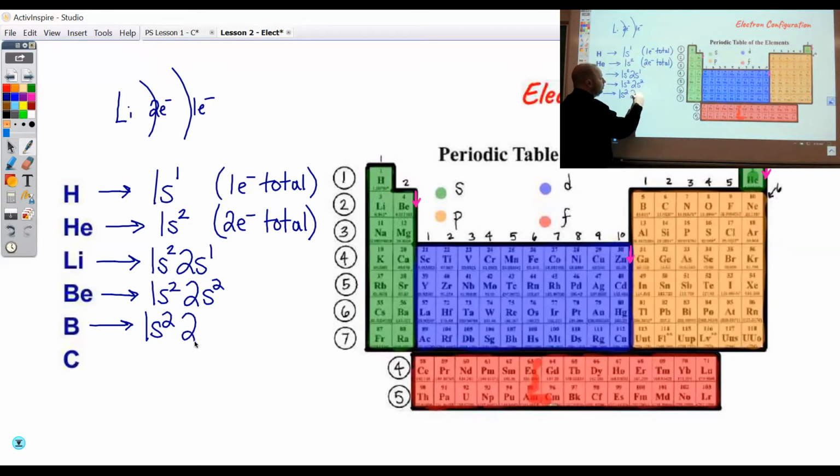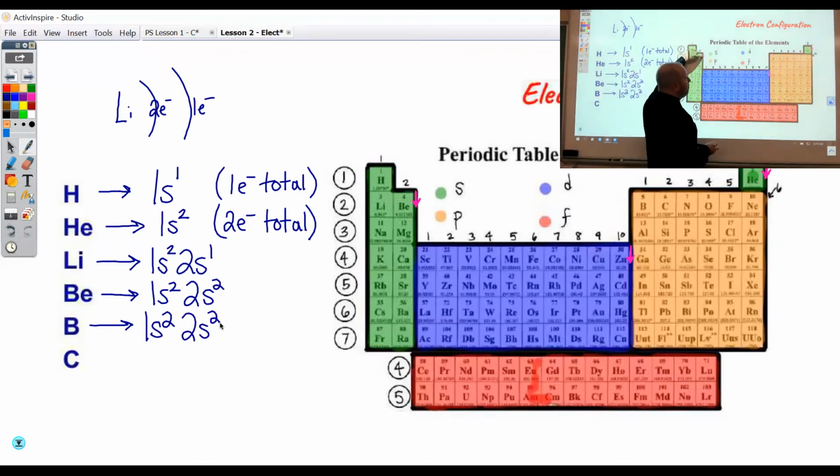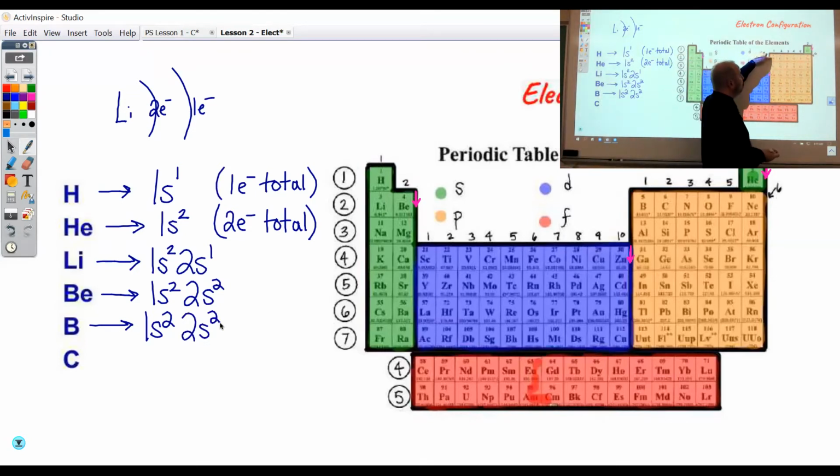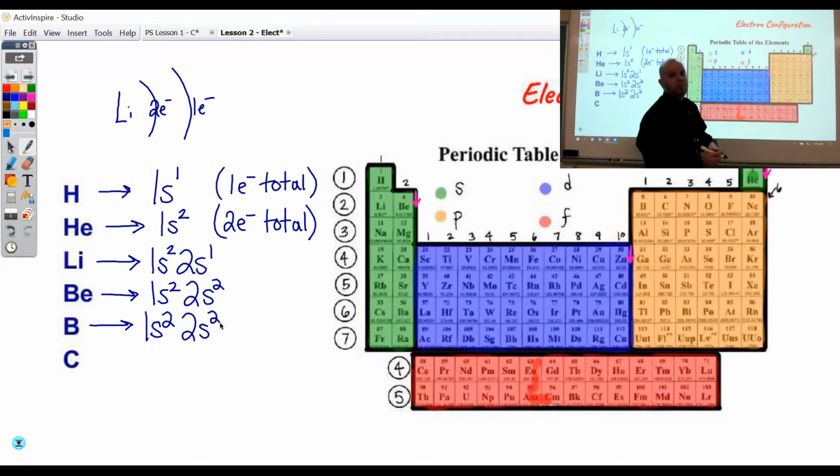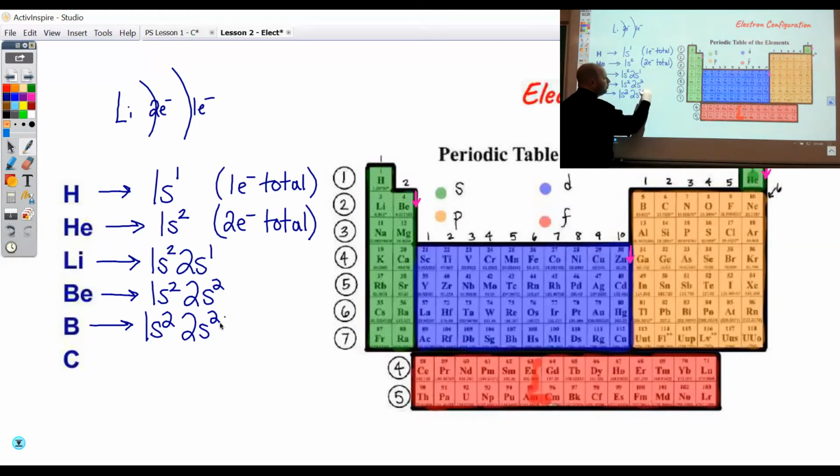So that becomes 2s2. Now we keep going because we're trying to get to boron. So we're going to go all the way across. And we're going to stop right here at boron. And at boron, we're going to write down second energy level, P block, because now we're in the orange space, house number 1. So 2p1.